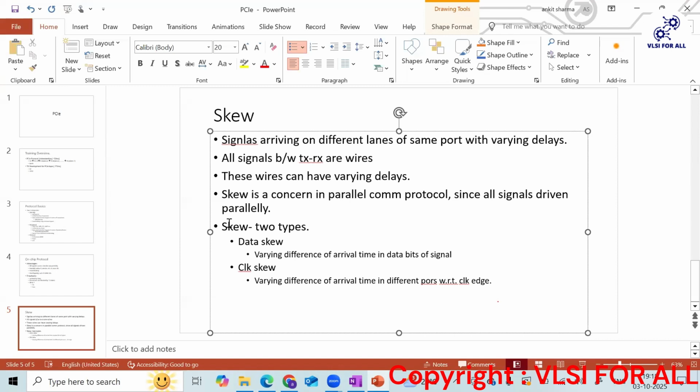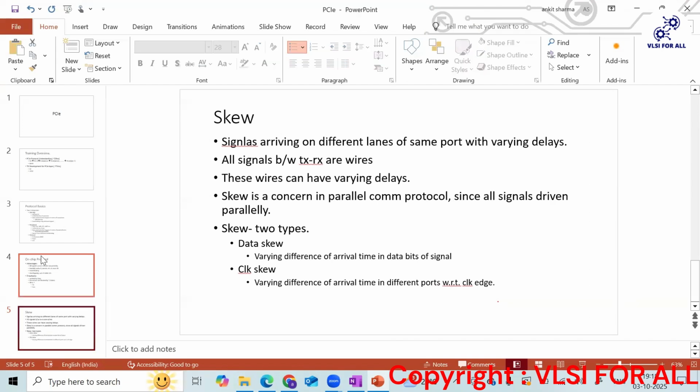So if with respect to clock edge we are getting, we'll say it should be ports. Ports. Yeah, fine.